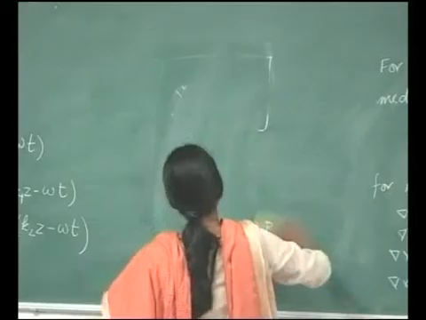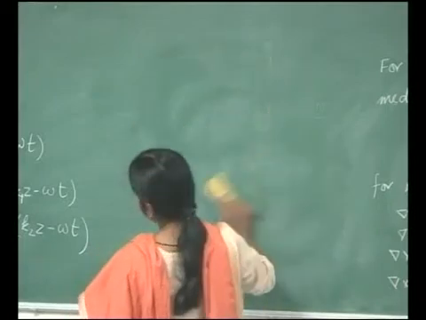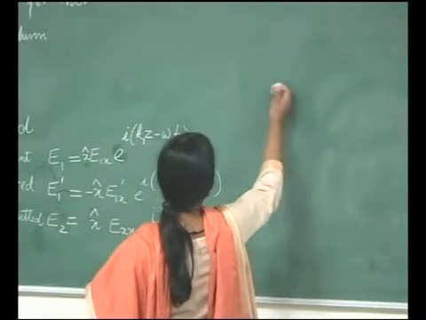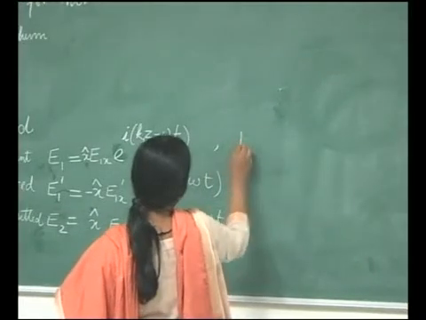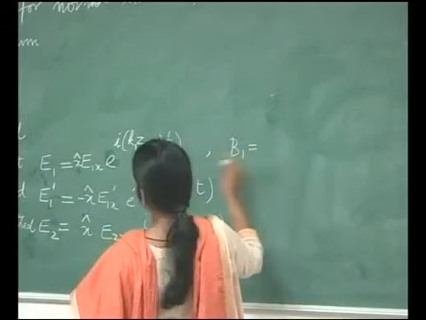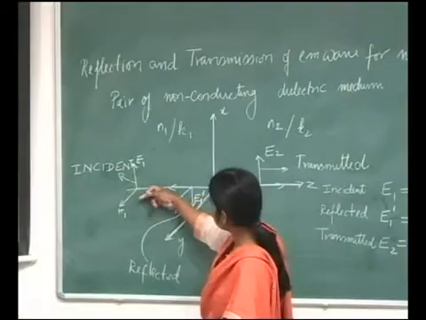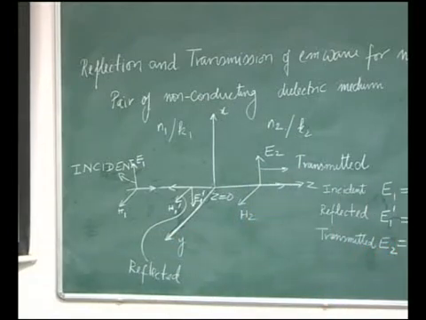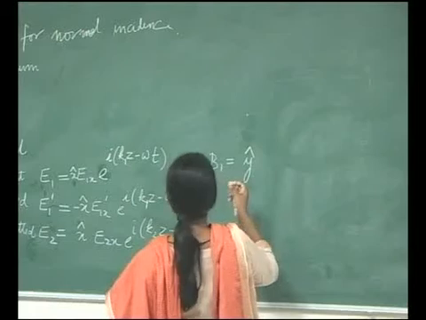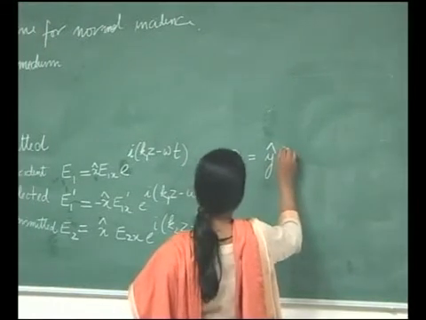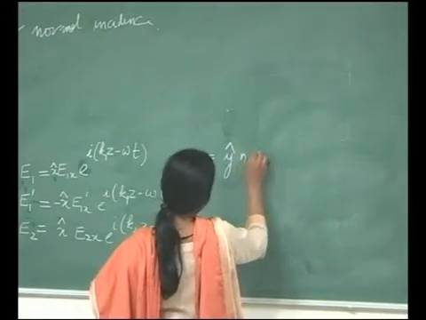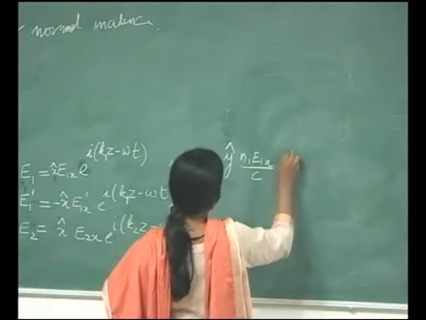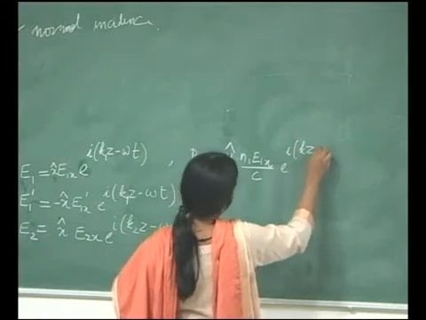So we will use that, and because now we are considering a dielectric medium, a term N will also come. So I can write that B1 is equal to, B is along the y axis, so I will write y cap, and let me use the same convention, N1 times E1x upon C e to the power i (kz minus omega t).